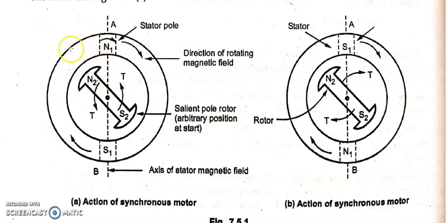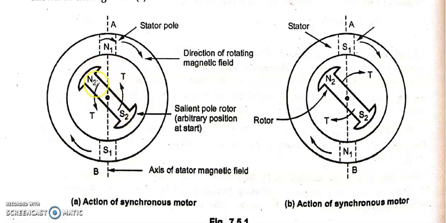Let us see in figure A. As soon as I give supply to the stator, the RMF starts to rotate in the clockwise direction, and when I give DC supply, the rotor tries to follow the direction of rotation of the stator.